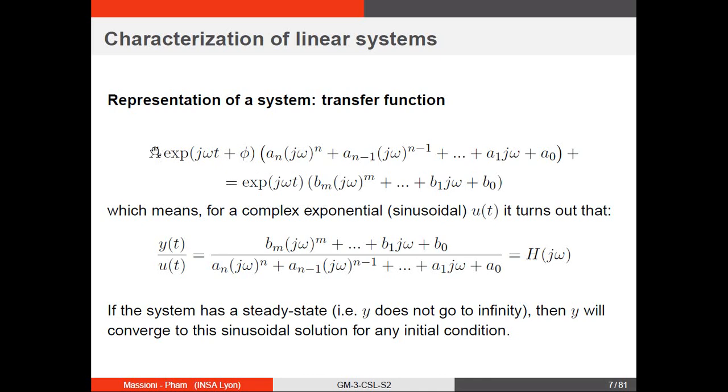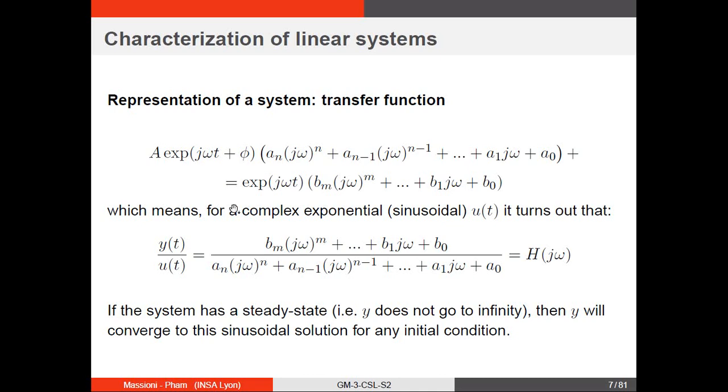So basically, remember that this is y, this is u, right? So y and u, we can factorize and divide one by the other, and basically we get the same expression as before. So we get h of j omega instead of s. So what does it mean? It means that this transfer function can be interpreted also in the time domain, if you wish, as a kind of gain from one signal to the other, and also in terms of the phase shift that you might have.